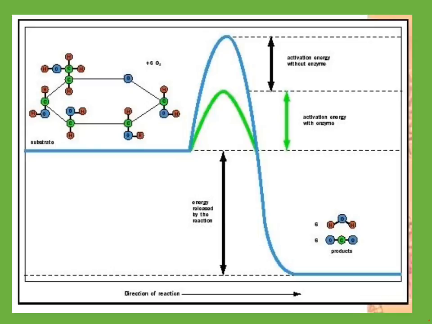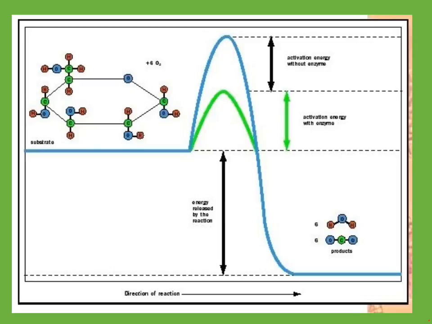The enzyme here had to lower the activation energy, and the reaction occurred faster than the first one. In the first one, which is the blue graph, no enzyme was involved, the activation energy was very high, and the reaction took longer. In the second one, the enzyme was involved, the activation energy was low, and the reaction occurred faster.